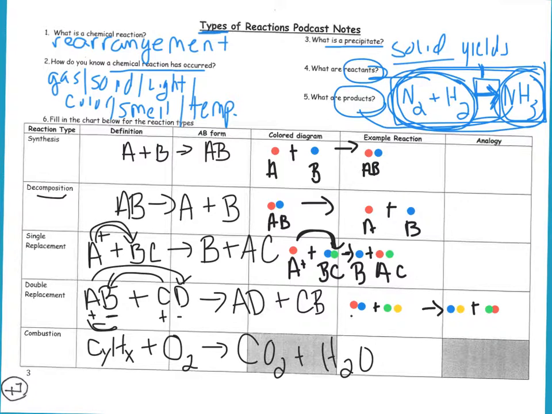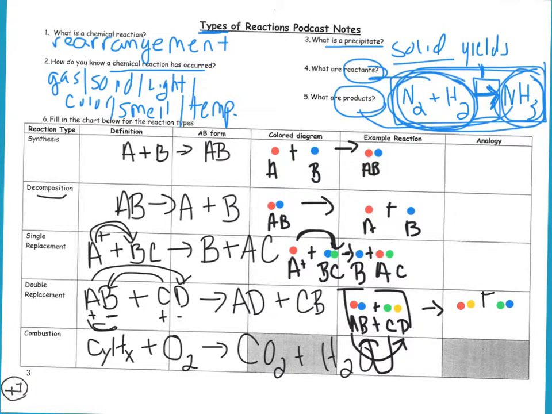In the double replacement, I have AB plus CD. So this is one compound, and this is another compound. They're basically going to switch cation and anion partners. So this cation with that anion, and that cation with that anion, turning AB plus CD into, oh, I got that wrong, hold on. Okay.